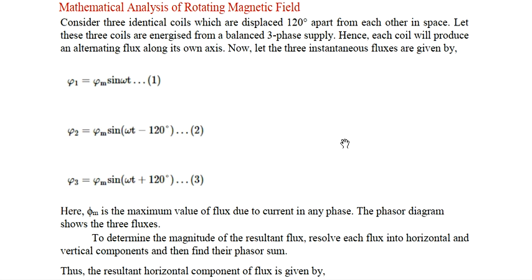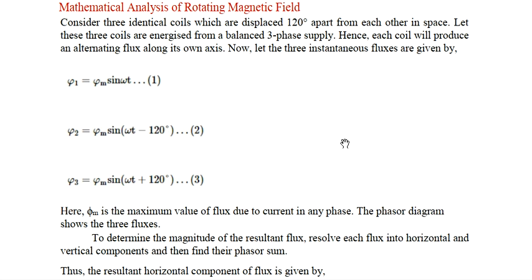For a rotating magnetic field we need three identical coils which are displaced by 120 degrees from each other in space. So in space there should be a 120-degree separation for the three identical coils. That means they should be balanced. Identical coils means they should be balanced.